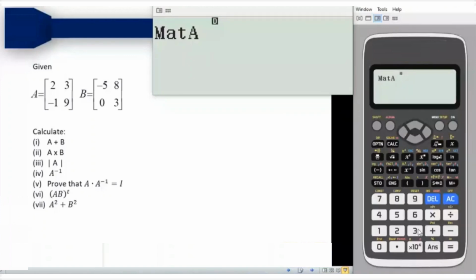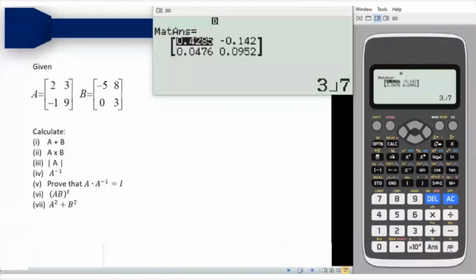I pressed this inverse button, and then I pressed equals to. And when I did that, the calculator is giving me answer in the form of decimal as well as fraction.